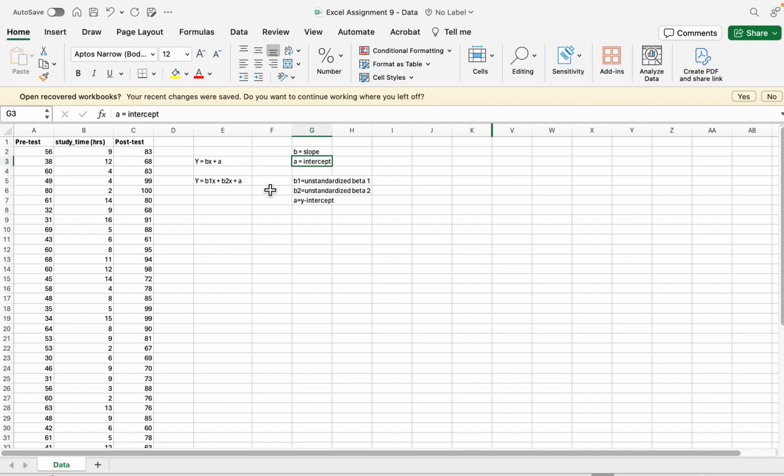Unstandardized beta 1 and 2, because you have two independent variables, so depending on how many predictors you have, that is going to show up in how many betas you have. And then the a, that is the y-intercept. So that's a baseline. So that's a static value that is added to get to this predicted value.